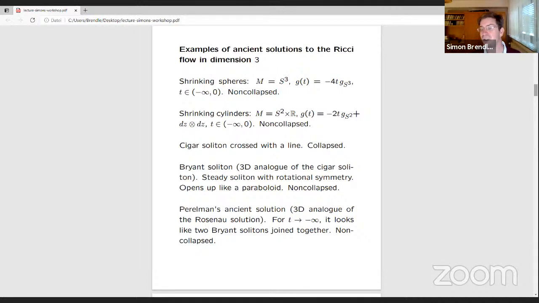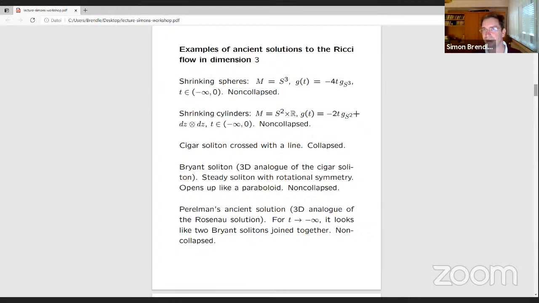As you go forward in time, it collapses to a point and becomes round after scaling, so it looks like shrinking spheres. As you go backward in time, it looks like two Bryant solitons joined together. So you have these two caps that each look like a Bryant soliton, and in between you have basically a cylindrical piece.